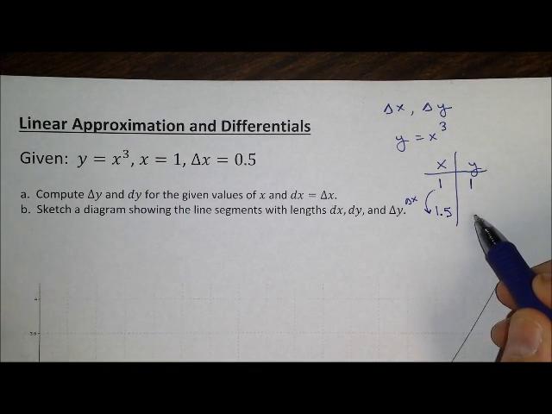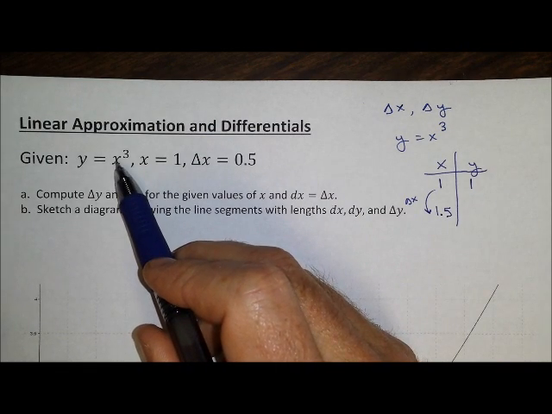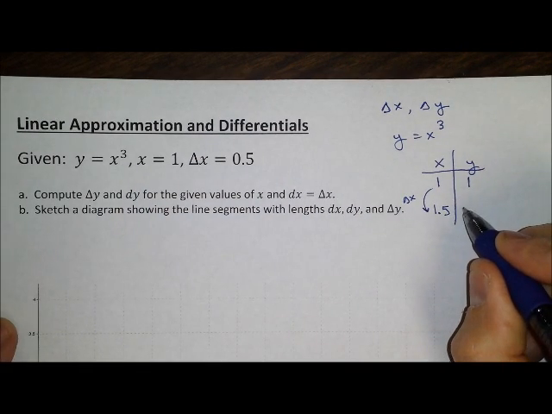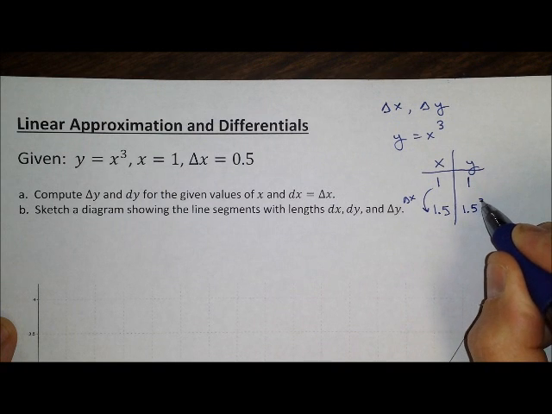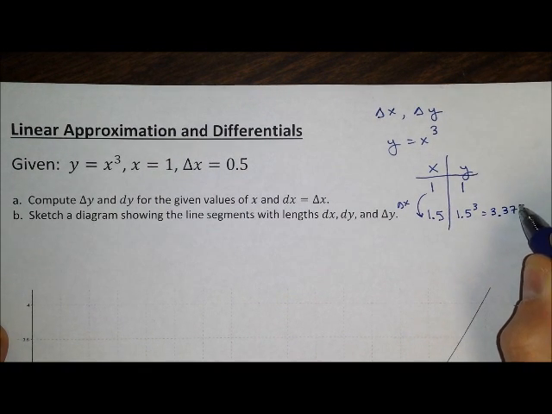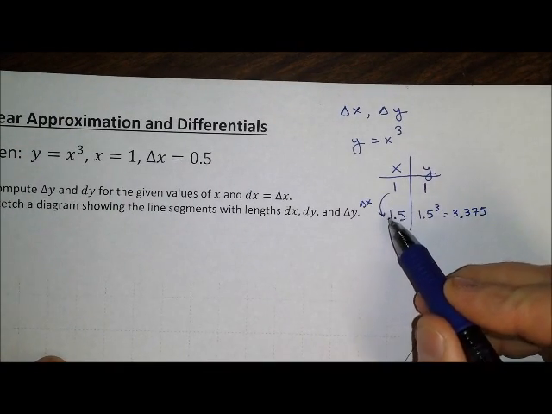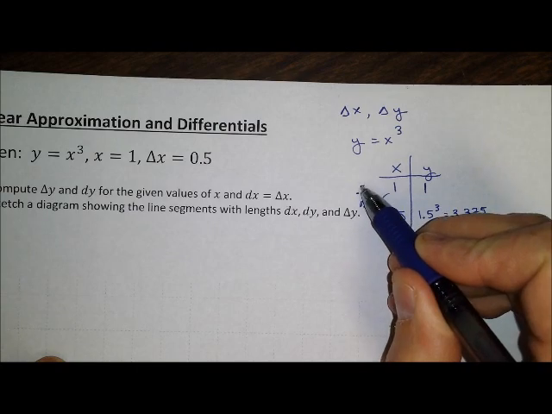So what happens to the y value? I'm going to now put in 1.5 into x cubed. So this is going to be 1.5 cubed, which is 3.375.